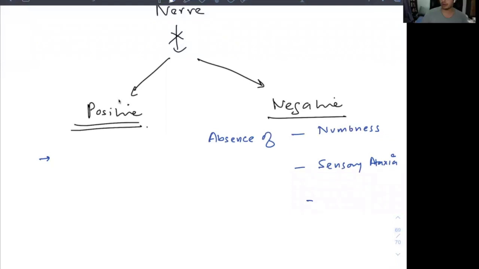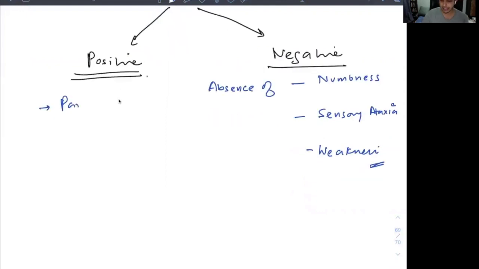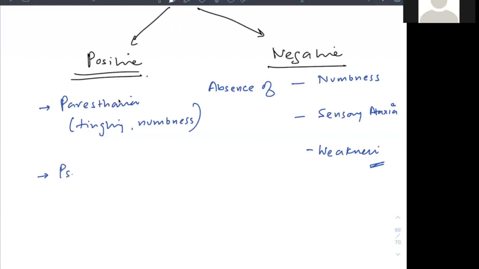So technically even weakness can be considered a negative symptom, and your positive symptoms are paresthesias, which is basically tingling and numbness, and sometimes you have something called pseudoathetosis, which is basically your fingers and hands moving involuntarily because of severe sensory ataxia.